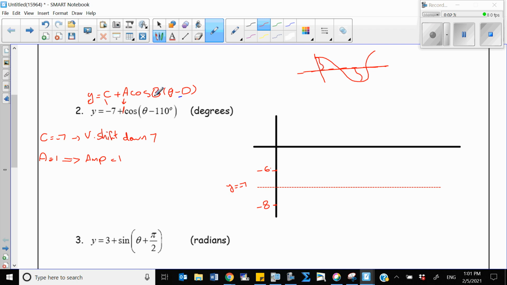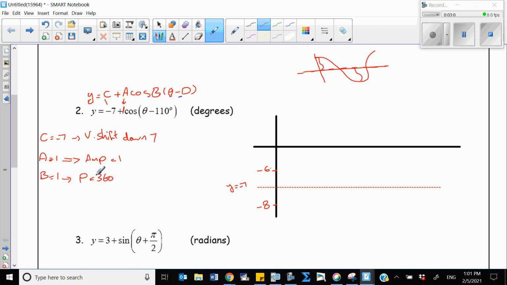Next is the b value, and our b value here again is 1 because there's nothing multiplied by this parenthesis here, so it's just 1. So that means the period of the function is the same as the period of the parent function. Parent cosine has a period of 360 degrees. We are working with degrees, so I'm going to write the same thing, 360 degrees.